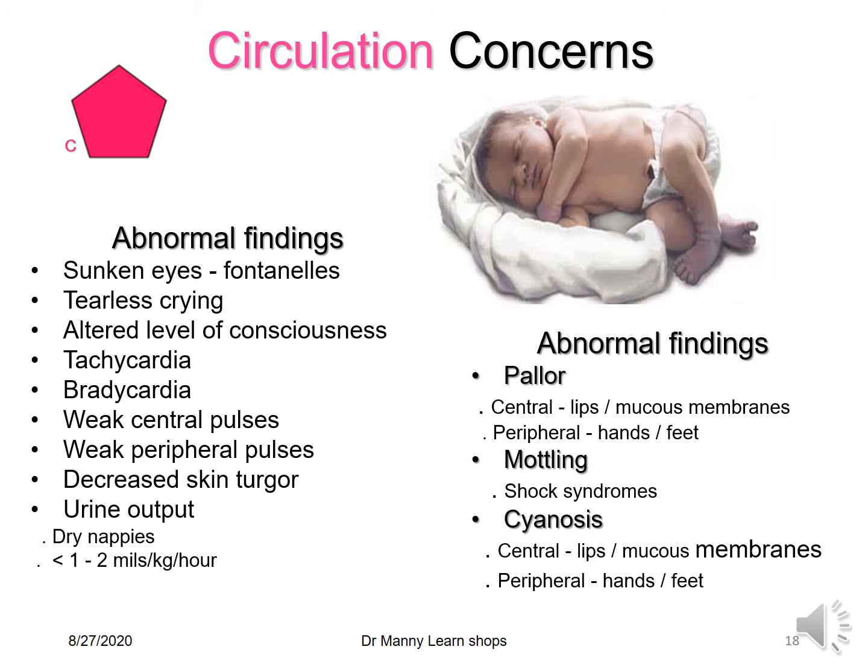But always look at circulation in the context of their ambient temperatures, room temperatures, to make sure that they're not peripherally shut down as a consequence of being cold. Sunken fontanelles, reduced skin turgor.